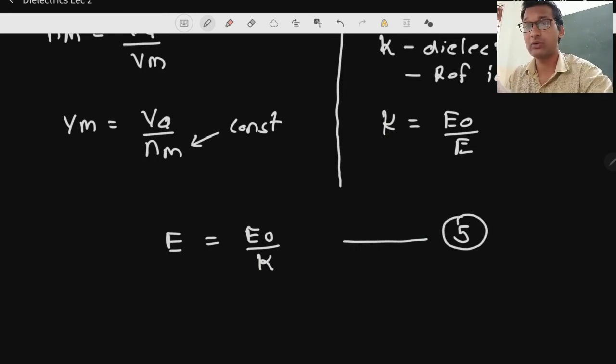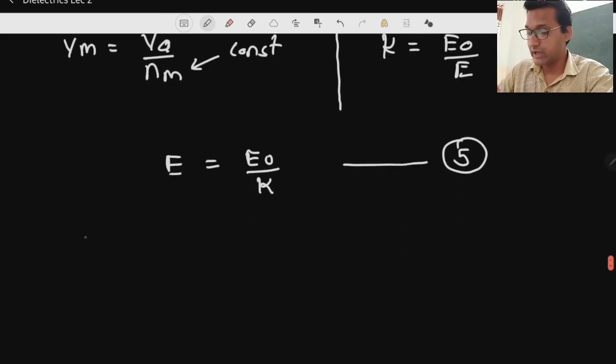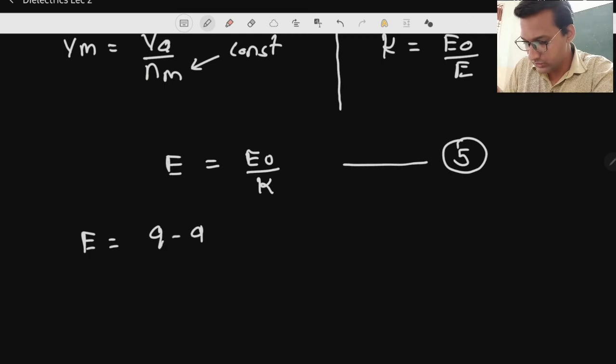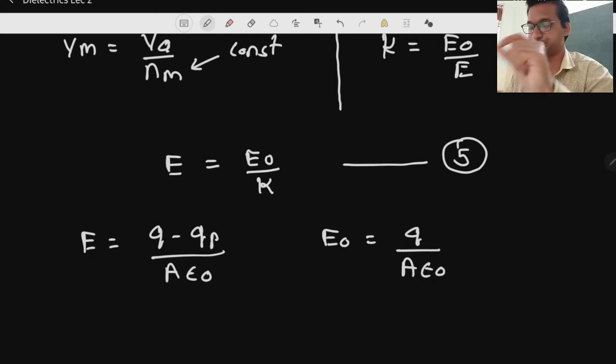Now this relation we are going to use. Let us see how. E we have got as Q minus QP divided by A into epsilon naught, whereas E naught is equal to Q divided by A epsilon naught.